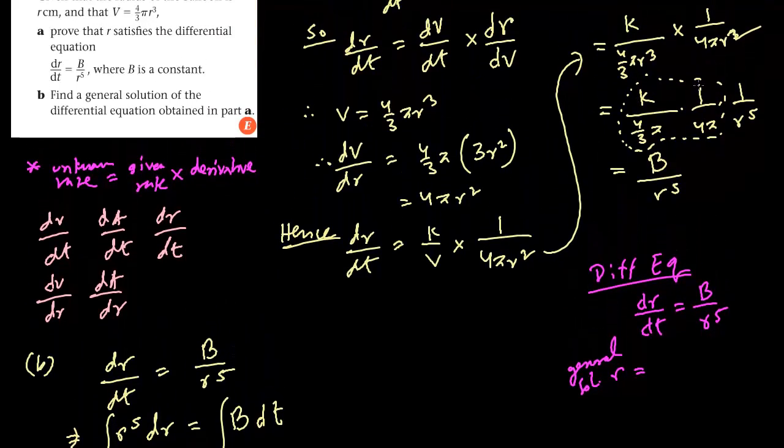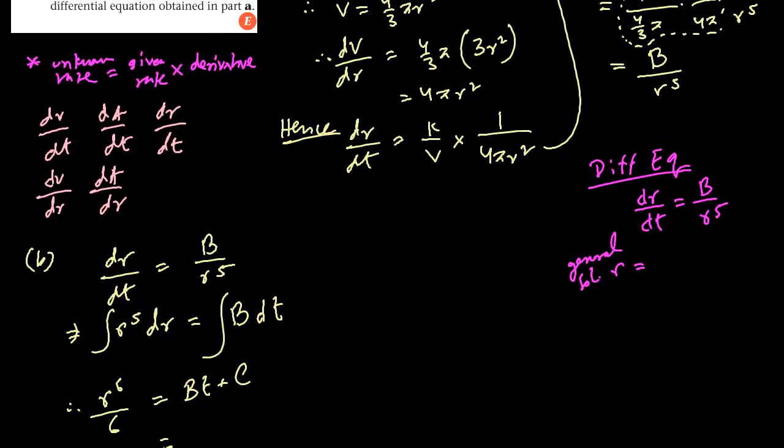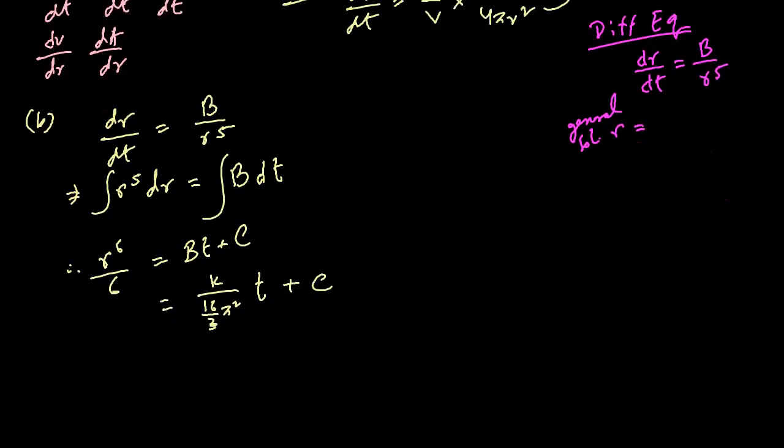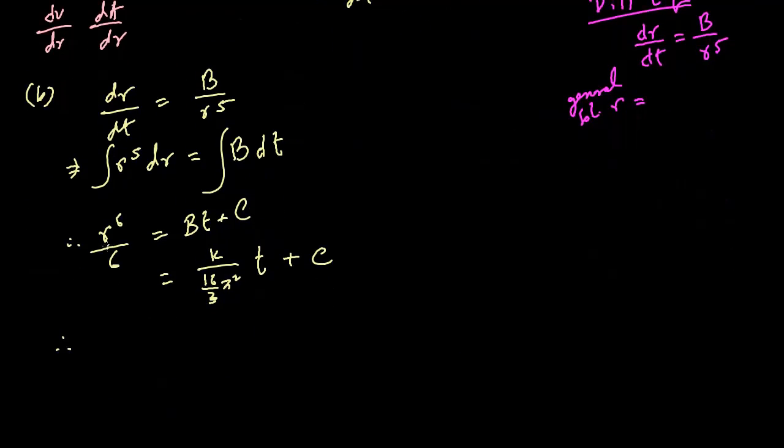B is k divided by 4 times 16 by 3 pi squared. That's going to be a bit complicated. This is going to be k divided by 16 by 3 pi squared. That is the value of b. So it's going to be this t plus the constant c. Now we can further simplify by multiplying both sides with 6.